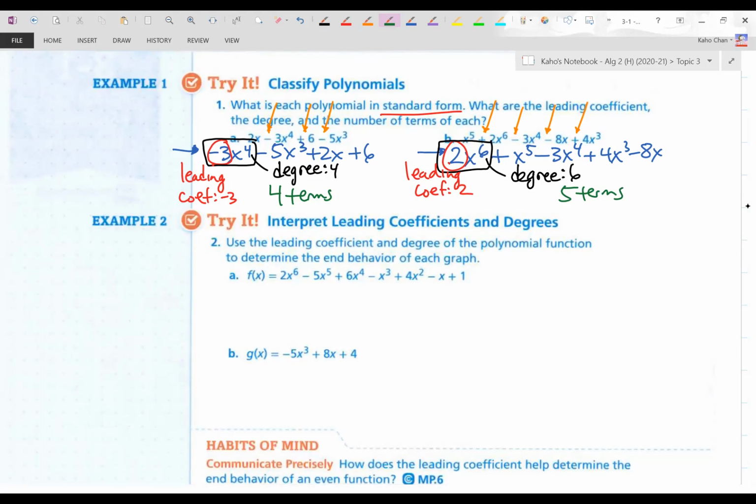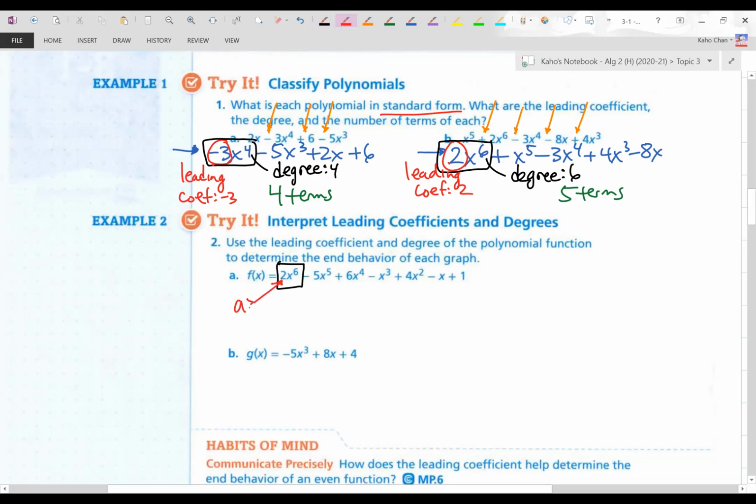Use the leading coefficient and degree of the polynomial function to determine the end behavior of each graph. In the first page in this lecture today, we described the 4 scenarios, okay? So let's hone in on 2A here. The polynomial is already in descending order. It's in standard form. I'm boxing the highest degree there. The leading coefficient A is positive.